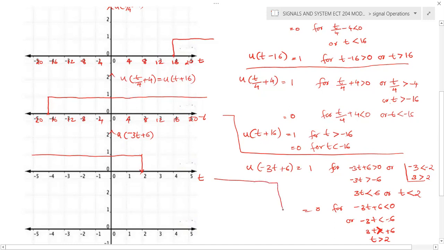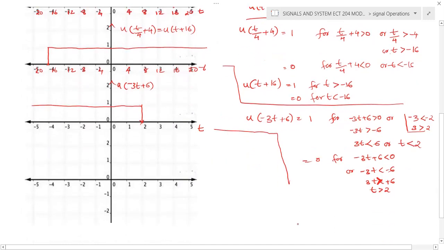You can also write this function as u of minus t minus 2.